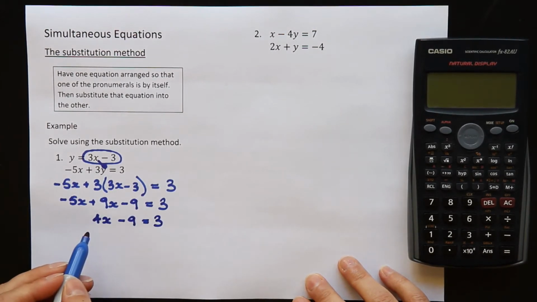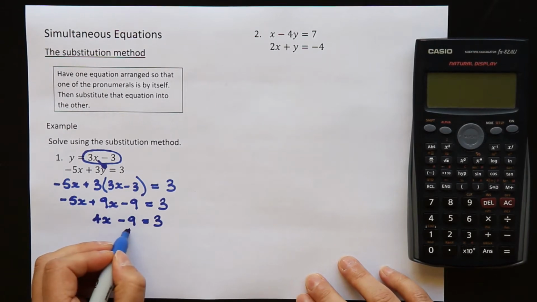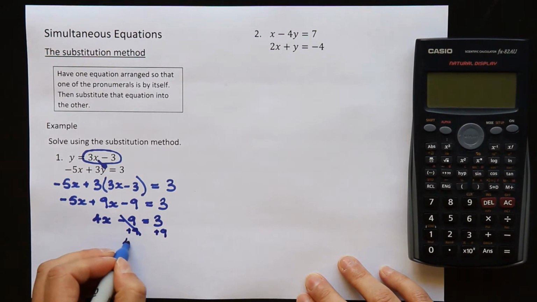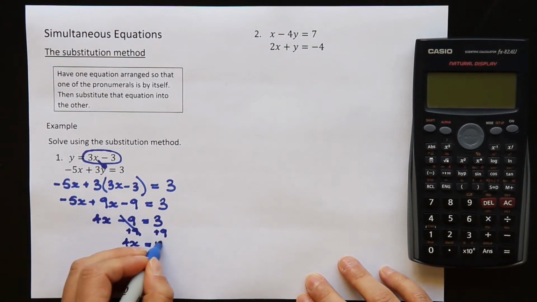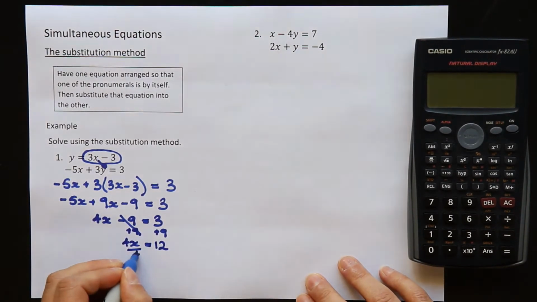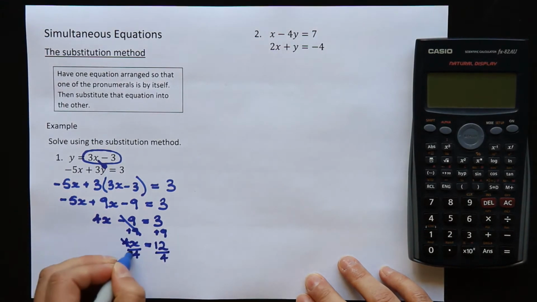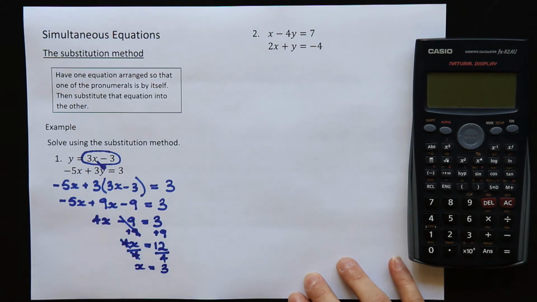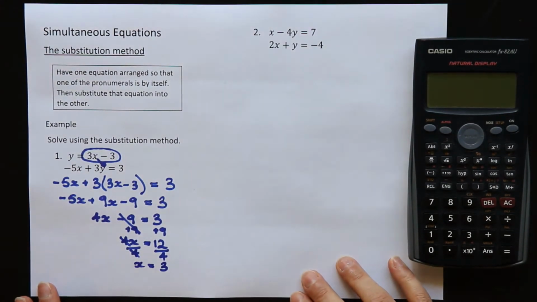Now solving equations, we would add 9 to move that away. So 4x is equal to 12, and then I would divide by the 4 to find out that x is equal to 3.